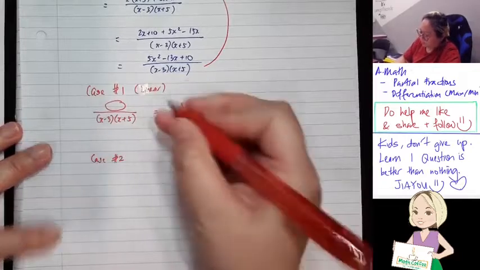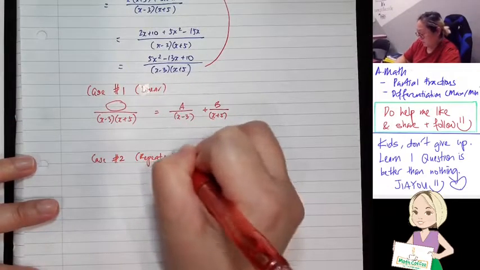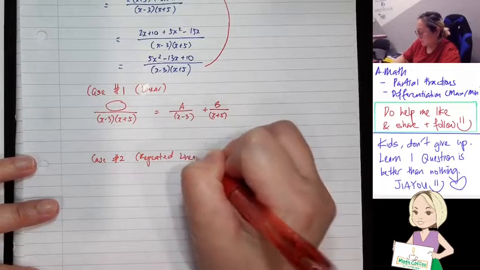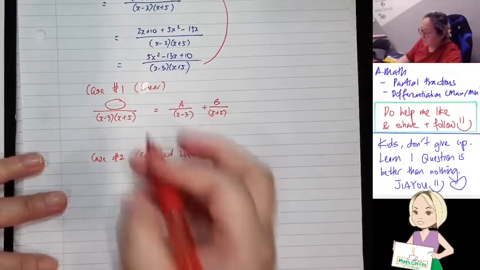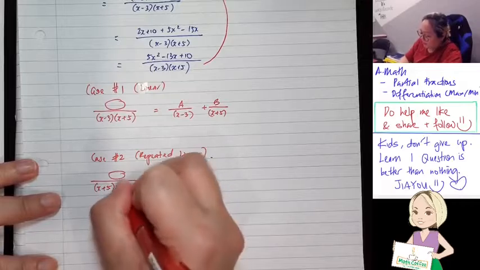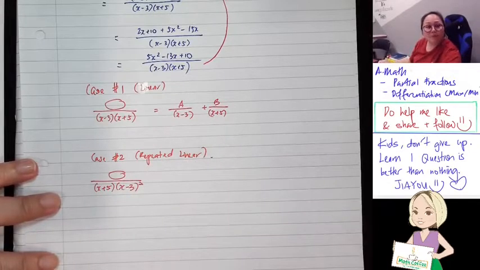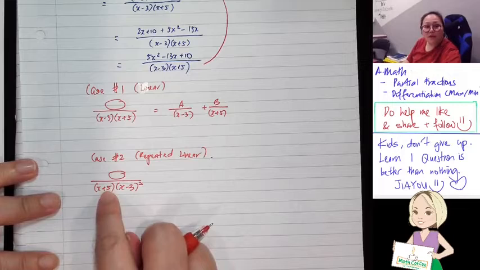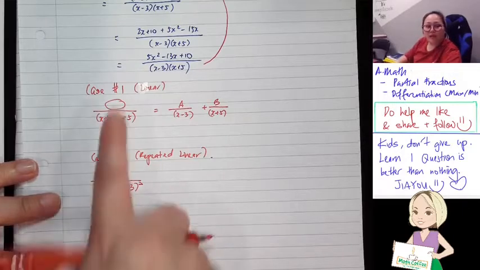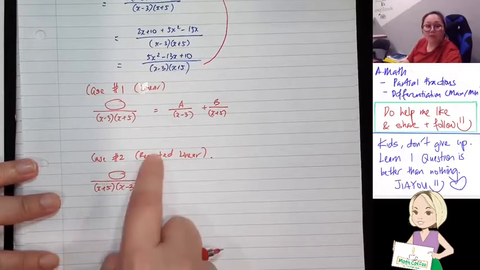Case number 2, repeated linear. So let's say I have x plus 5 and then I have x minus 3 squared. The first one, the x plus 5, is case 1, which is linear. x minus 3 squared is repeated linear.